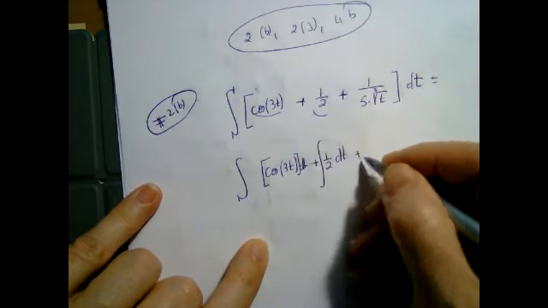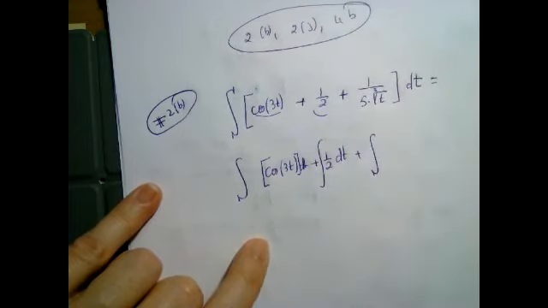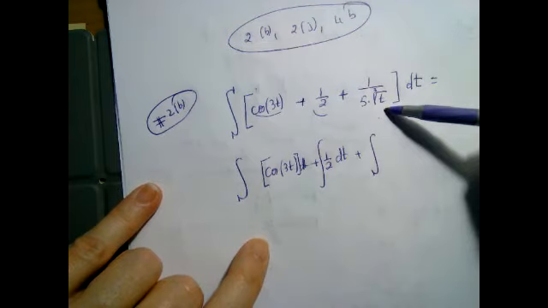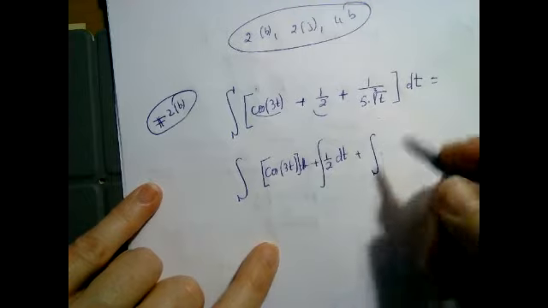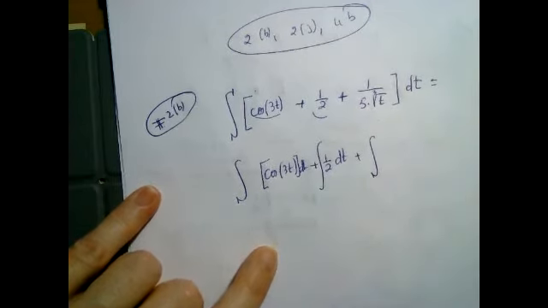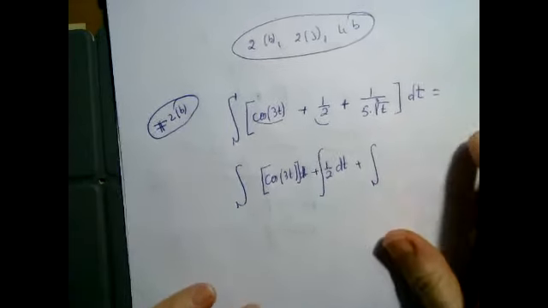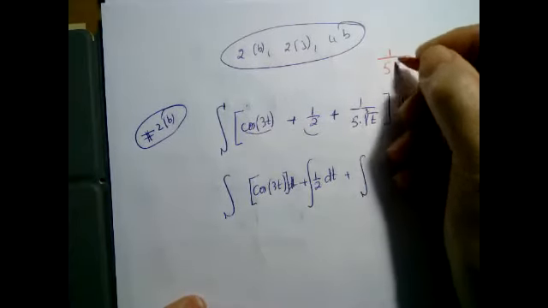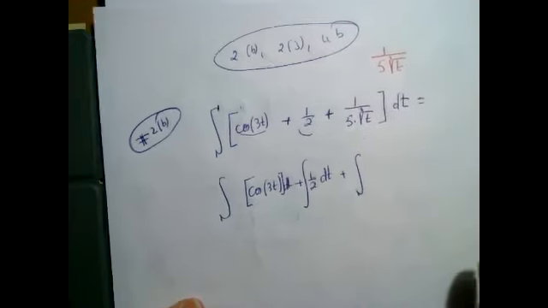Plus a half dt plus. Okay, this is 1/5. I have to rewrite it. There is no way I can keep it like this. So how can I rewrite this? I have 1 over 5 the cubic root of t.